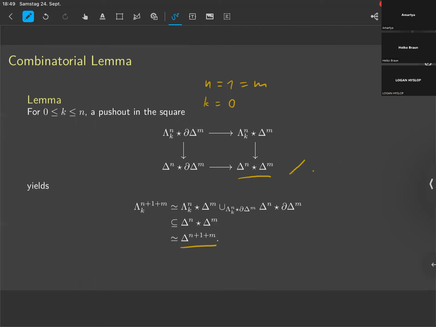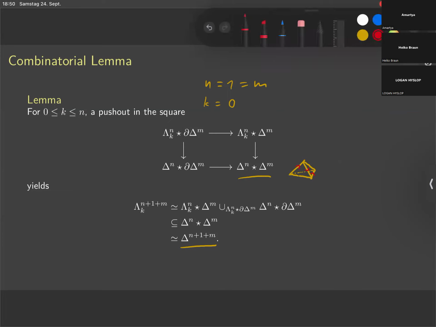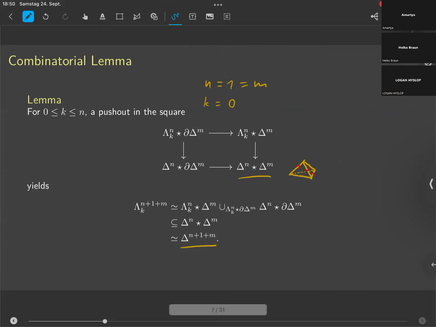So drawing the 3 simplex now. Okay, so this is what we get in the end. And the orientations are, let me use another color, this, this, and this. Okay, maybe it's a bit small. I have to draw it a bit bigger, but okay. Then what do we have here?